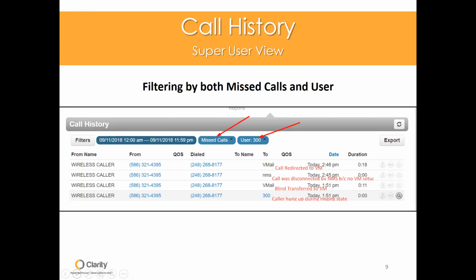So if the filter was set by missed calls and a user, and the user answered the call and then subsequently blind transferred that call, it's gonna show up as a missed call, because the originating leg that transferred the call had a ringing state when it was blind transferred. Does that make sense? I don't think that makes sense.